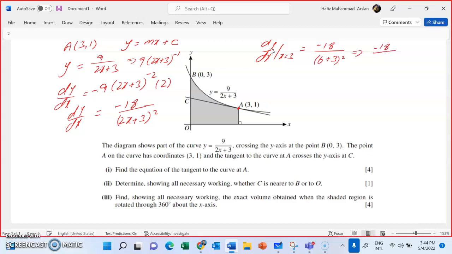So that means minus 18 over 9 squared, which is 81. So we can simplify it, 9 times 2 and 9 times 9. So now we know the gradient, so that means the equation of the tangent will be minus 2 by 9 x plus c.